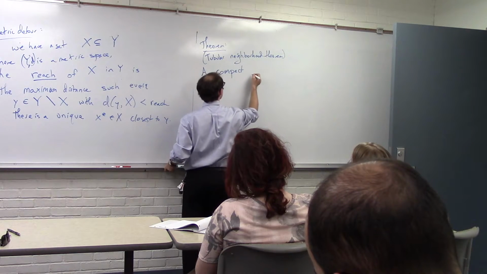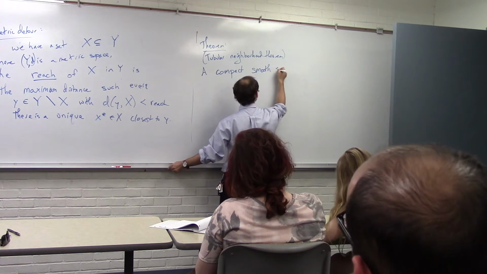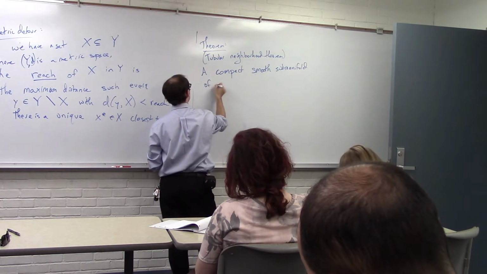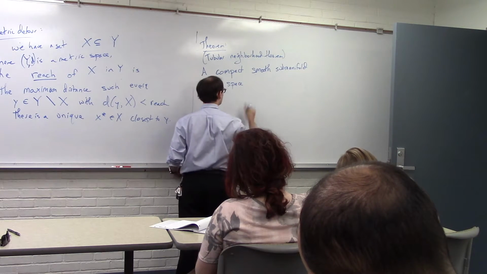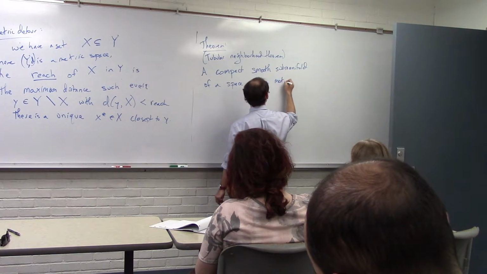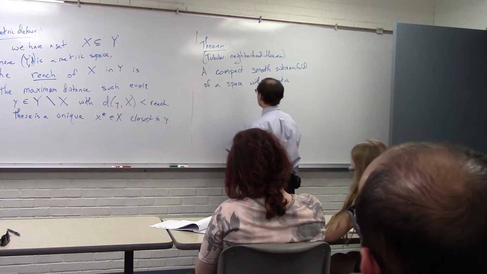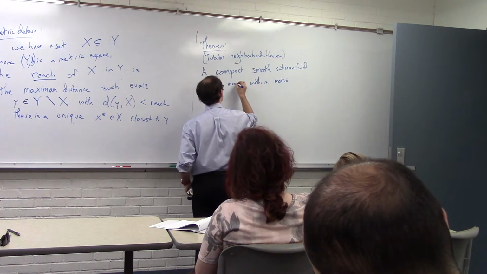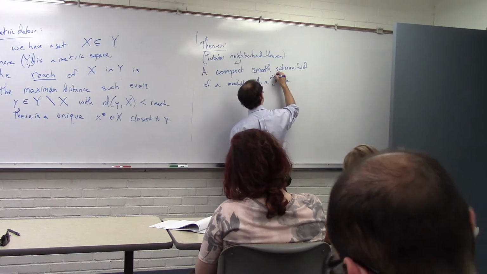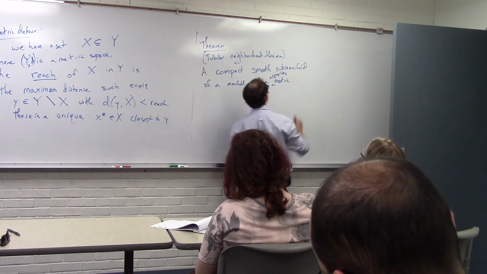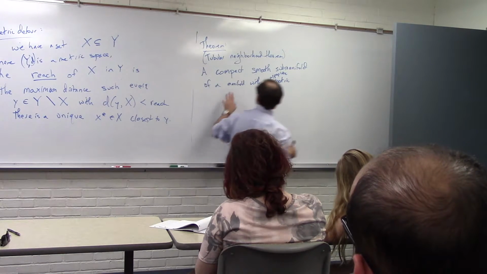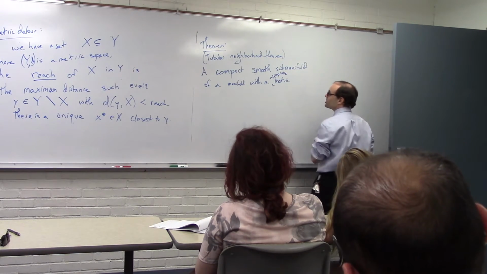Compact, smooth submanifold of a manifold with a metric. Not just a space, a manifold. And I'll put in here an appropriate metric, as in one that yields the same topology on the manifold.